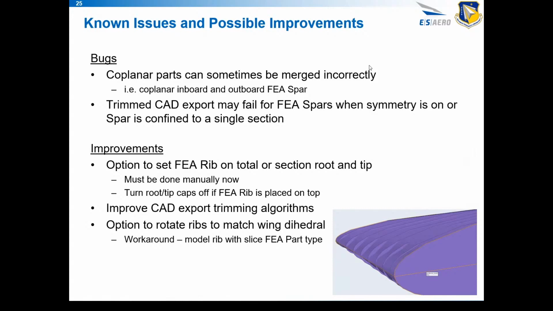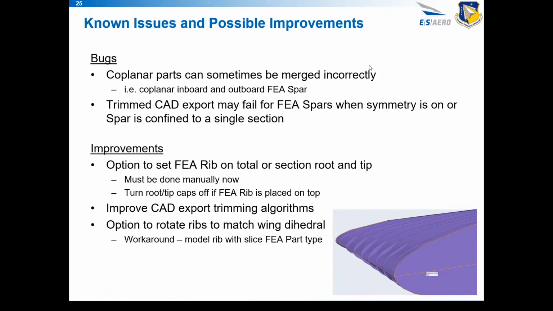But the problem is if you have something like a spar limited to your inboard section and your outboard section, but they're still on the same plane, it will try to merge those and turn them into a single FEA part instead of having one for the inboard section and another for the outboard section. So that's something to be aware of.